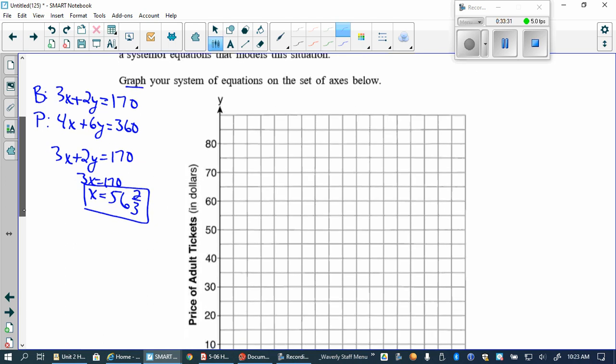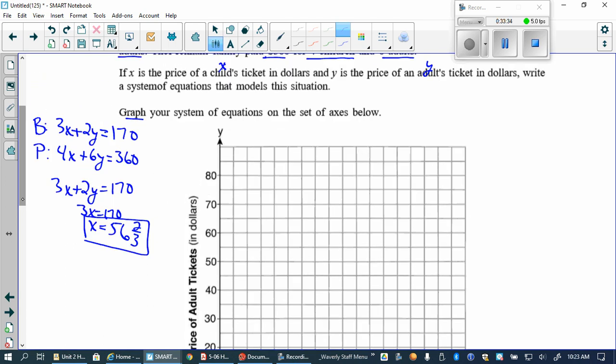Are you using the yellow calculator? Do 170 divided by 3 and then hit Control Enter instead of just Enter. Try that.